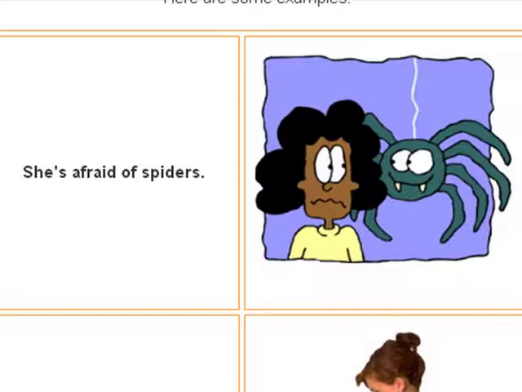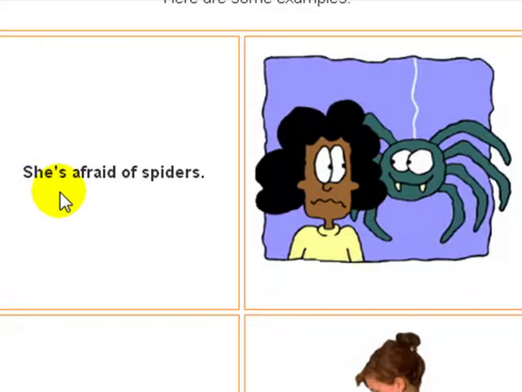These are some examples. She's afraid of spiders. That tells us something. You can see there's a picture there. And I'm creating that picture by using this sentence. She's means she is afraid of spiders. She is the subject of this, right?